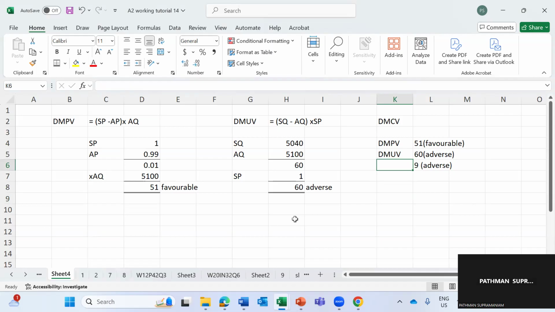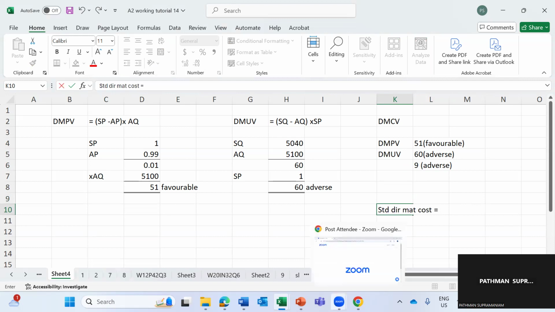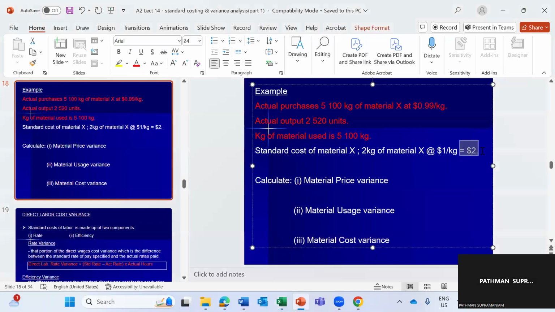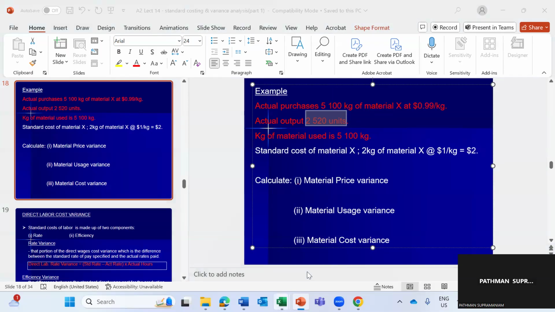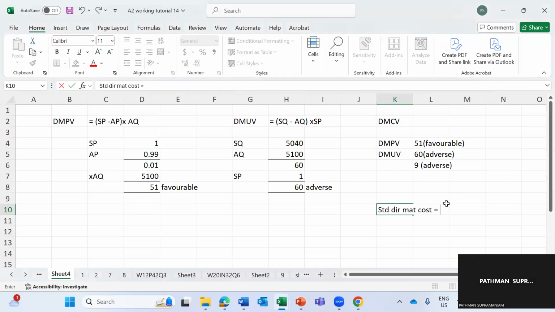Now we can check our answer in another way. The standard direct material cost should be $2 per unit multiply 2,520, which will give us an answer of $5,040.